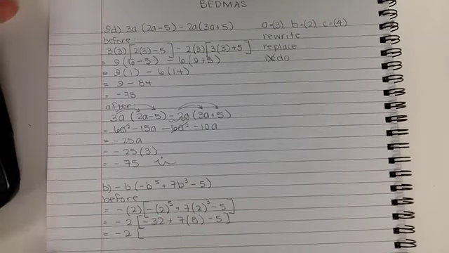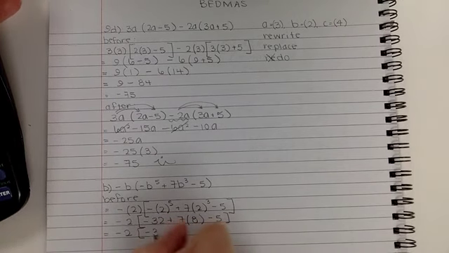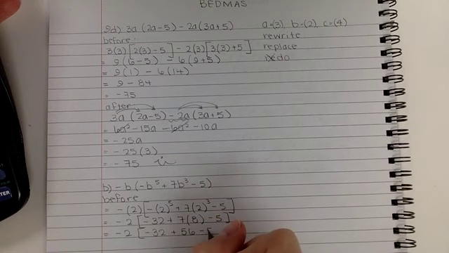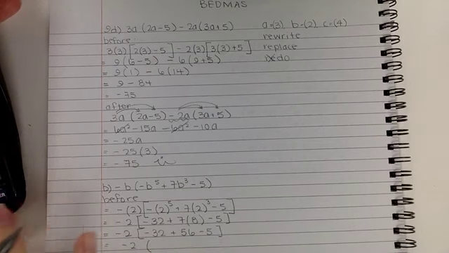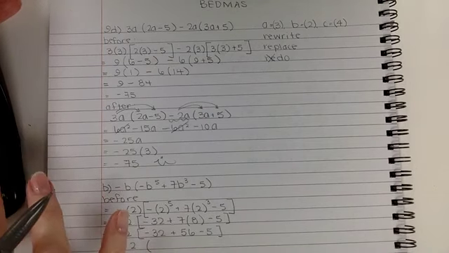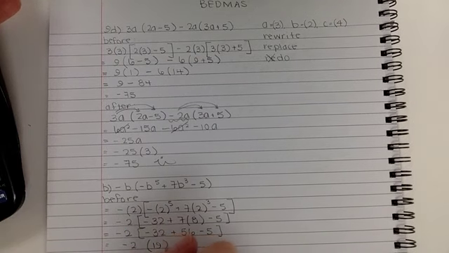I know this is going to be 56, so I could write that and then put everything in there. So negative 2 times negative 32 plus 56, take away 5 is 19, equals negative 38.